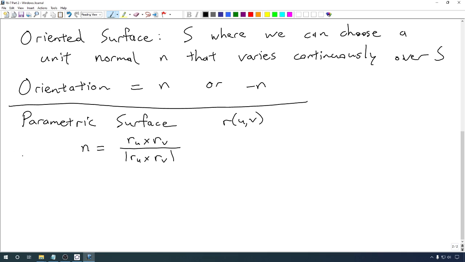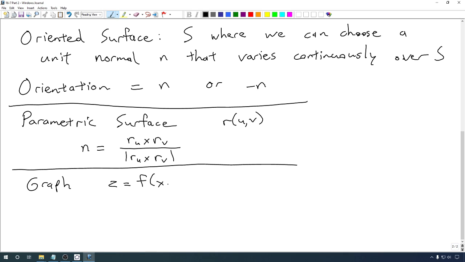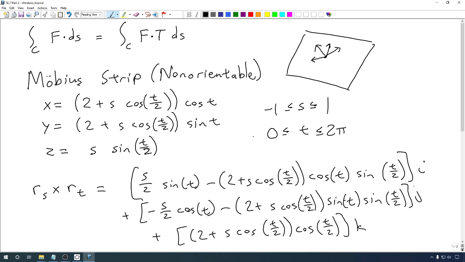If a surface is given by a function, as a graph, a graph of z equals f of x, y, a surface of this form will always be orientable, mostly because it can't really loop back on itself so that we can swap from one side to the other like we did on the Mobius strip.